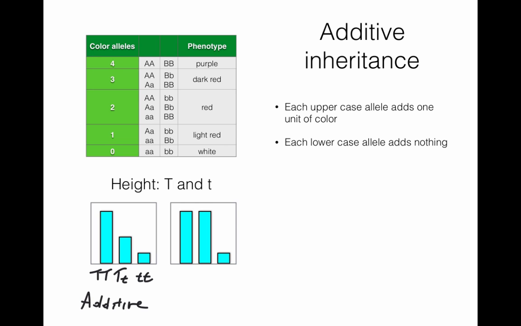Now, if we look at what happens with big T, we can actually think of that phenotype being the result of the two T's, each contributing a given portion of height. That is, functioning in an additive sense. And over here, for the little t homozygous, we could think again of the total phenotype for that trait to be the result of the additive action of the two little t's.